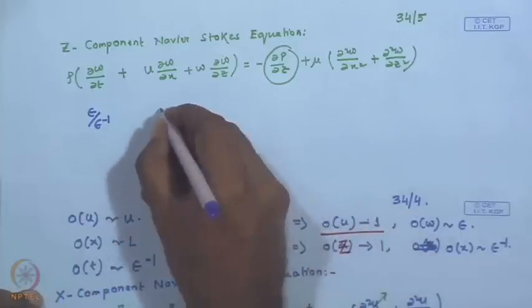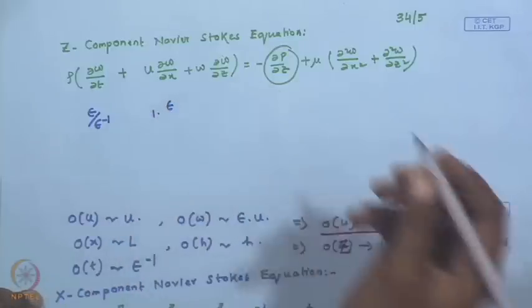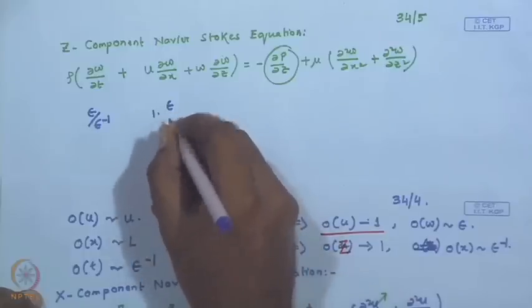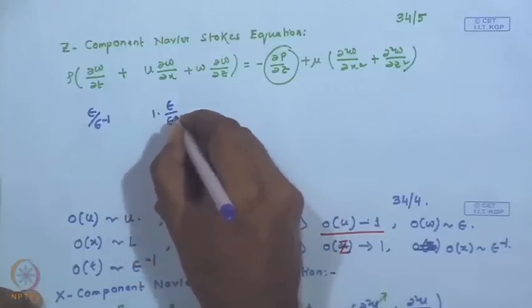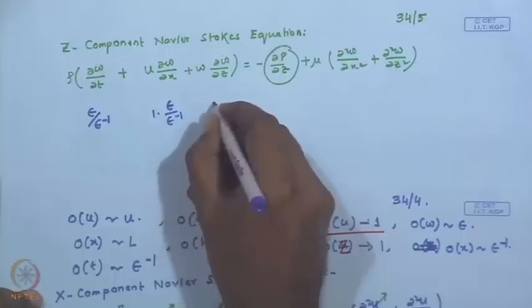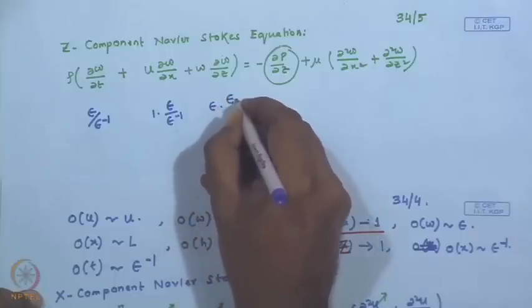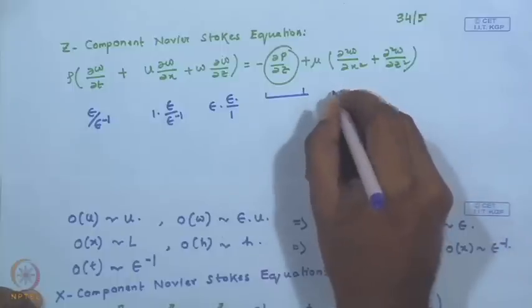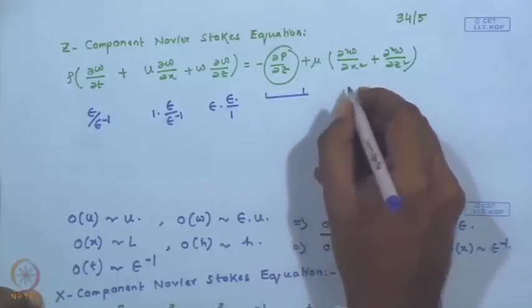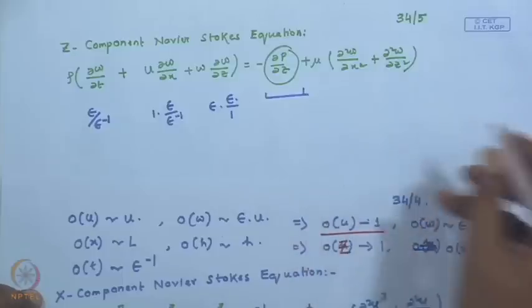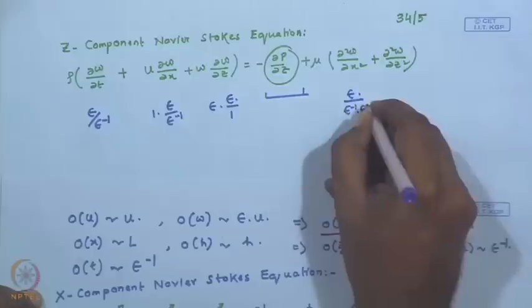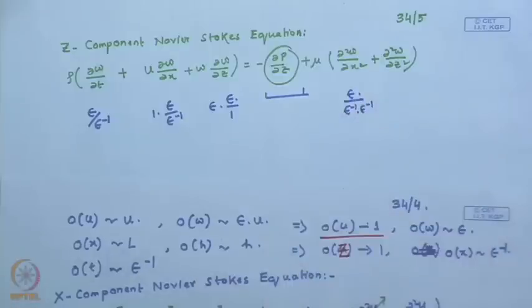Order of u is 1, epsilon, and order of x is epsilon inverse. So, this is w is epsilon, omega is epsilon, this is 1, this we leave untouched, and this one turns out to be omega is epsilon divided by epsilon inverse.